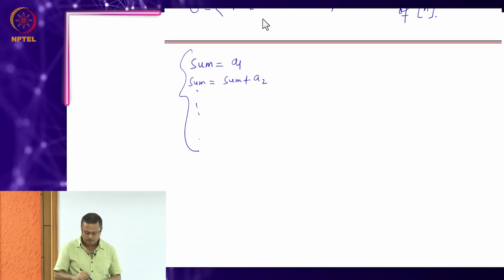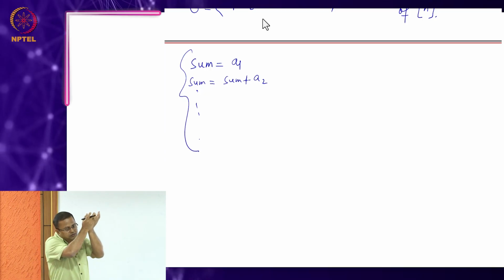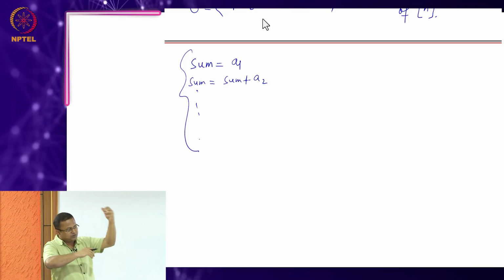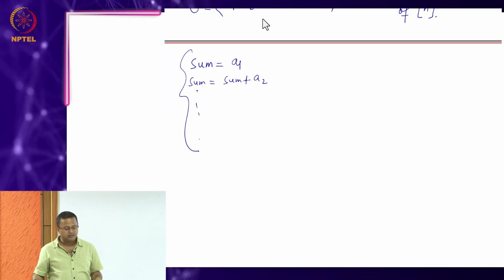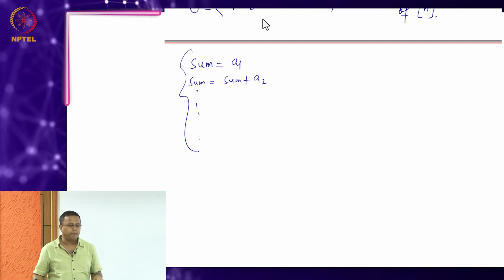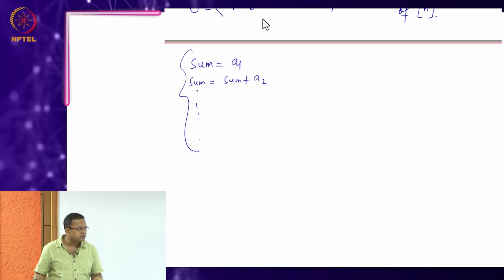Fine. So, the sum is growing in size, right? A1 plus A2 plus and so on. What would be the size of the space that stores this value sum? Linear space. Why?